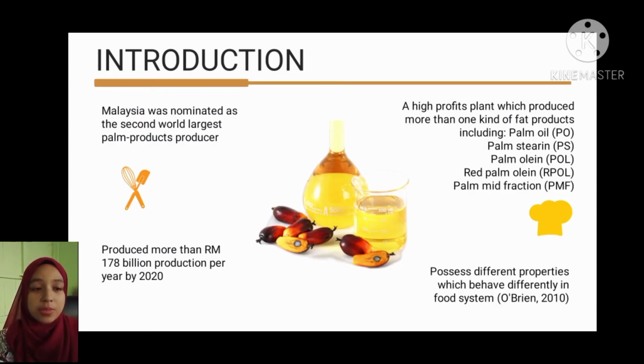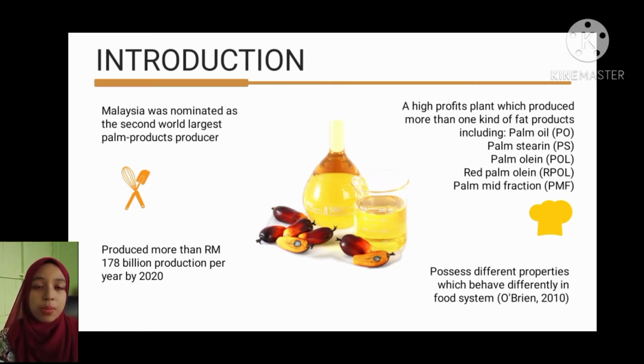So basically, the first part of the introduction, I would like to explain the palm oil product. Malaysia was nominated as the second world largest palm product producer, where we produce more than 178 billion ringgit per year by 2020.